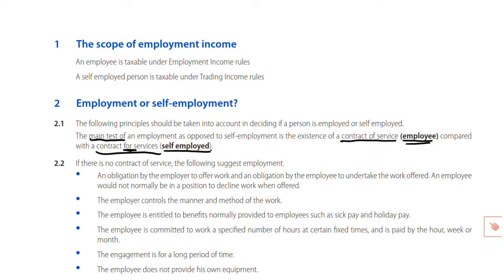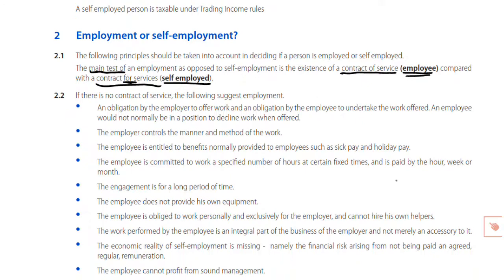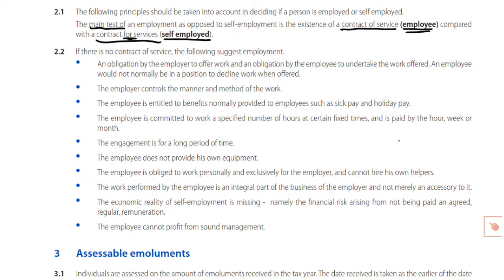Now, the only thing that you can get tested on here, probably I would guess in a Section A objective testing question, would be a list of whether or not these particular issues would suggest employment. And we've got a list of them there in Section 2.2.